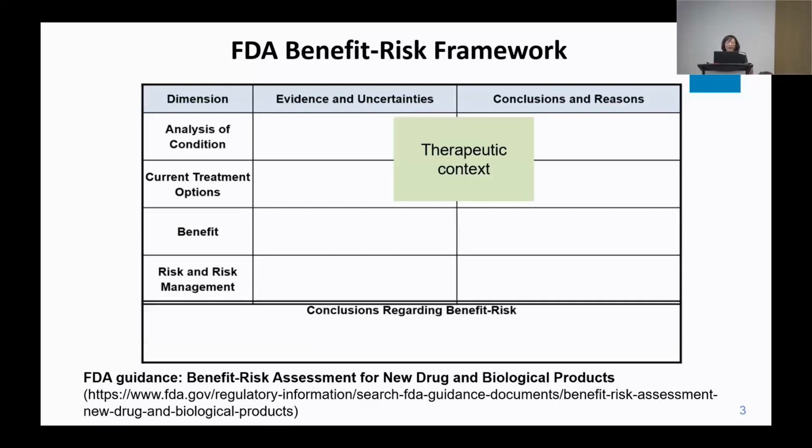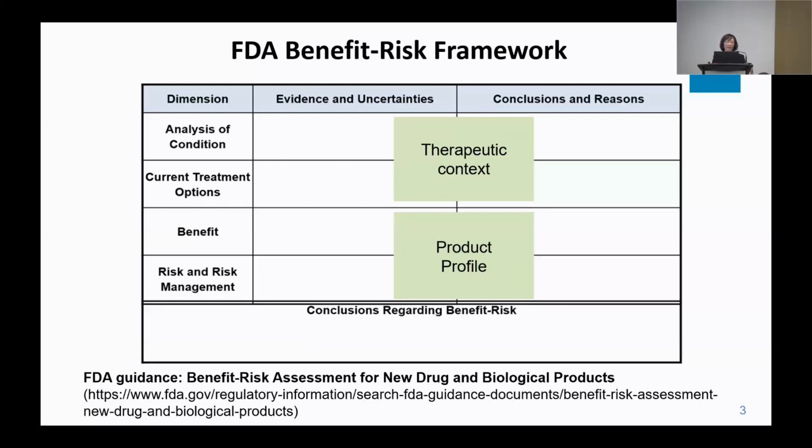These are considerations related to the therapeutic context, so it's disease specific. And then the latter 2 dimensions are benefit and risk, and this is more product specific.